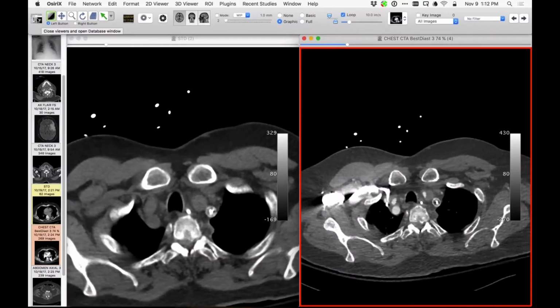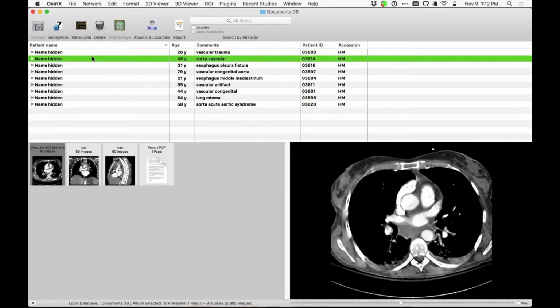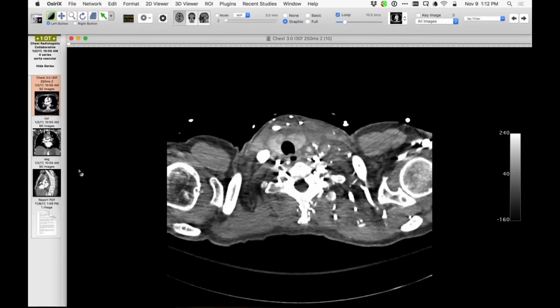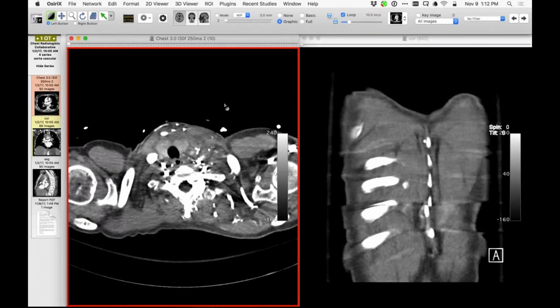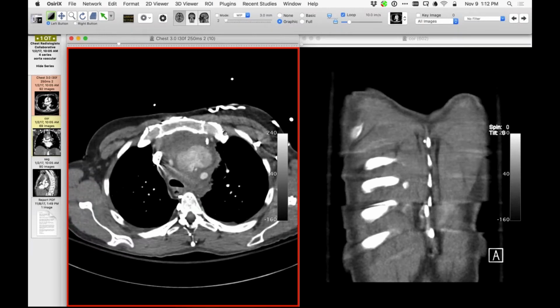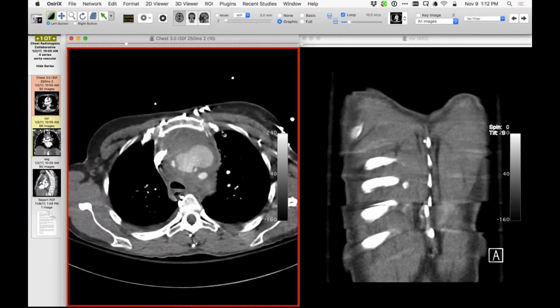All right, let me show you another aorta case that's pretty impressive. So here is a person that came in, and let me bring alongside both the axial and the sagittal. Here you'll see this huge pseudoaneurysm arising from the aortic arch.